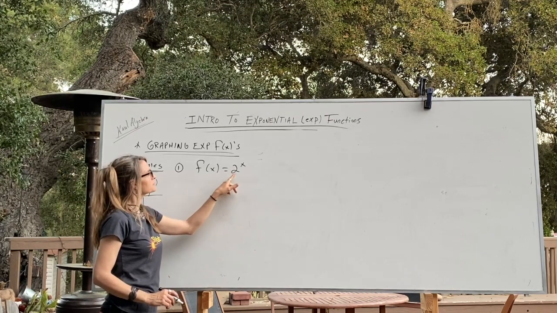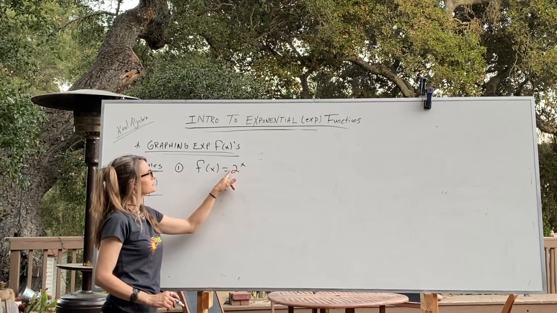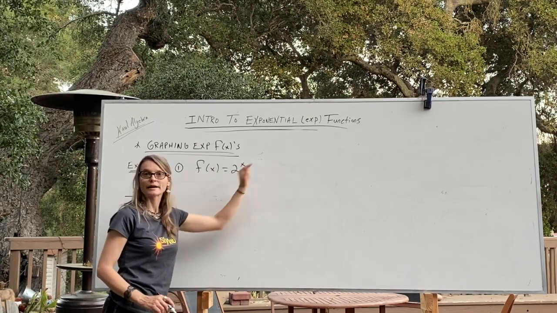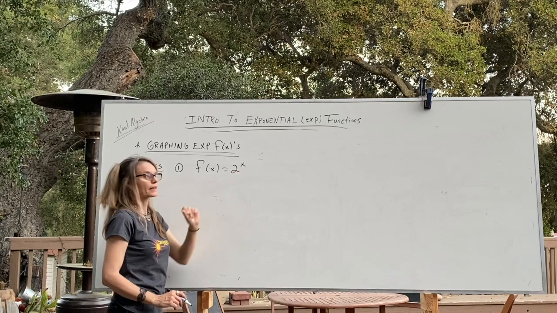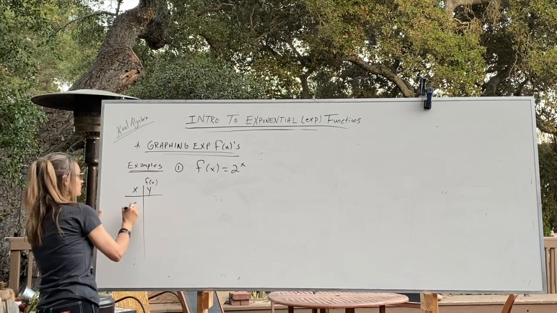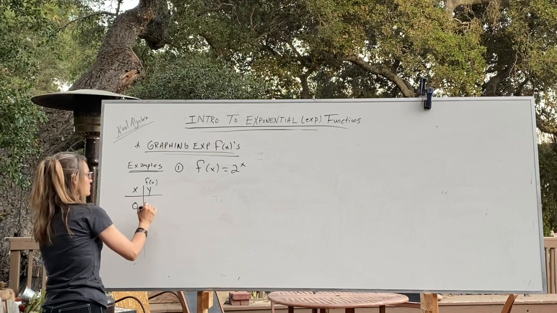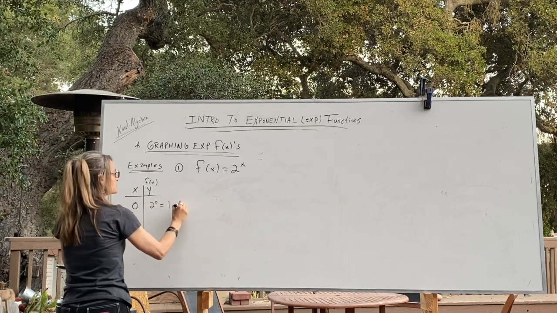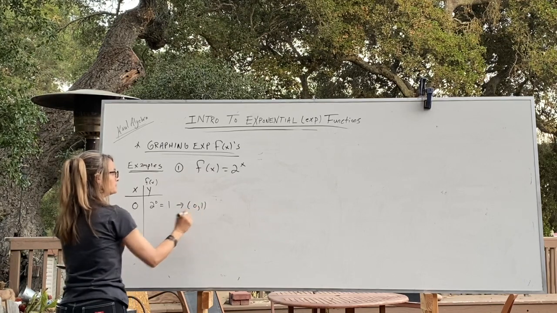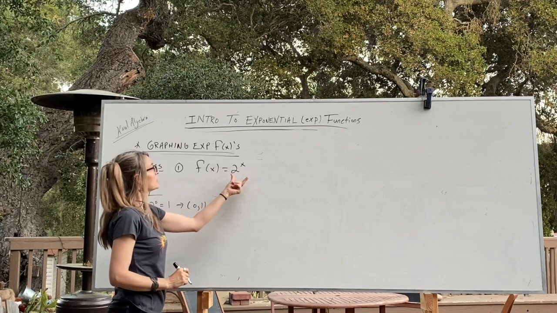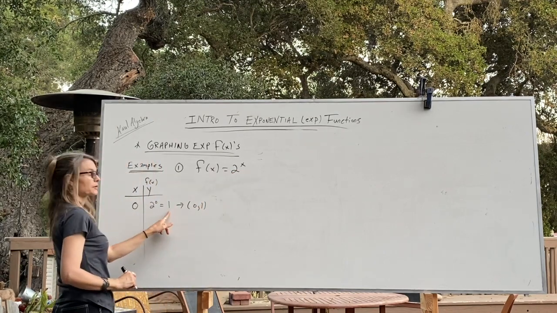Now this is a real basic function. I'm looking for negatives anywhere in this function, and I'm looking for any numbers added or subtracted. I don't see any of that here. So it's going to be a real basic one. So I'm going to start with 0. If x is 0, then y is going to be 2 to the 0, which equals 1. So that produces the ordered pair 0, 1. Okay, 0 is always nice to have in the exponent because it outputs the value 1.